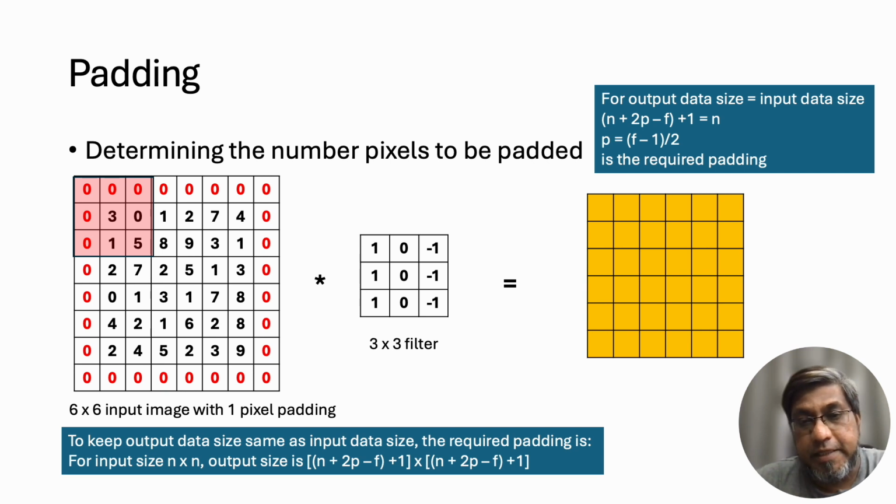We keep repeating this process by shifting, or striding, the window across the entire input image and computing the output pixel values each time. I hope this has given us a clear understanding of the convolution process performed by each of the convolutional layers in a convolutional neural network.